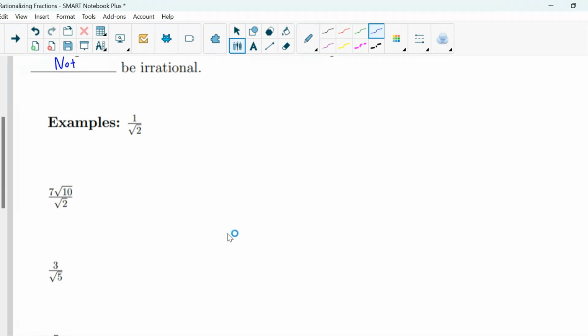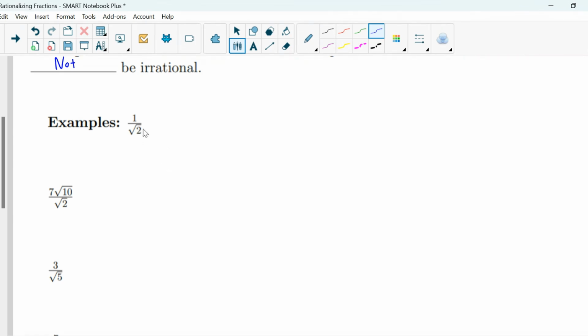So, whenever you're working with irrationals in your denominator, we have to do a process called rationalizing. Rationalizing pretty much means that you're going to multiply your fraction, both numerator and denominator, by a specific number so that you can simplify your denominator to no longer be irrational.